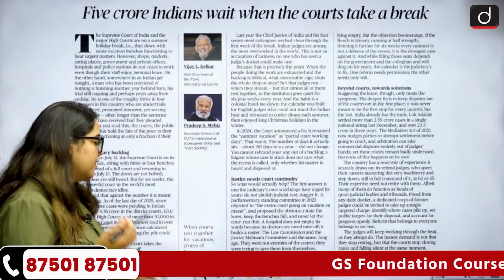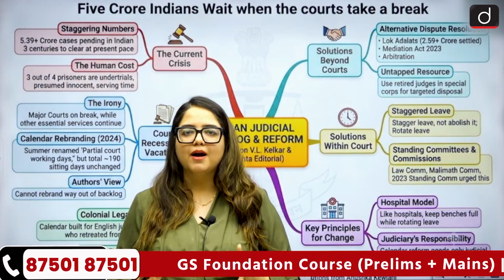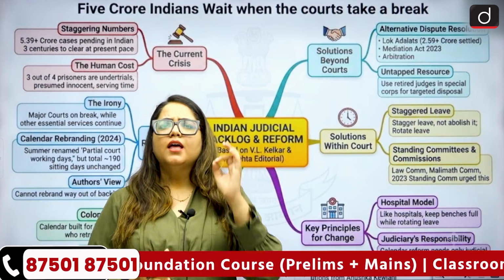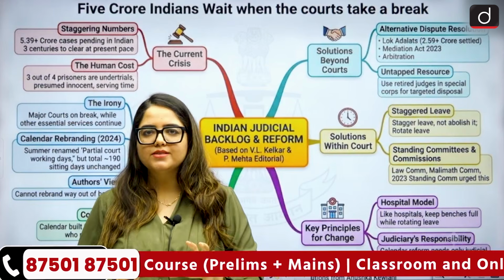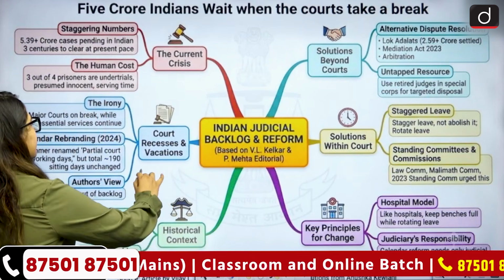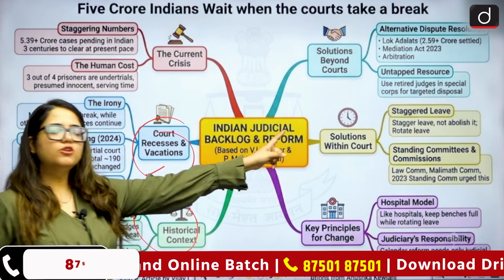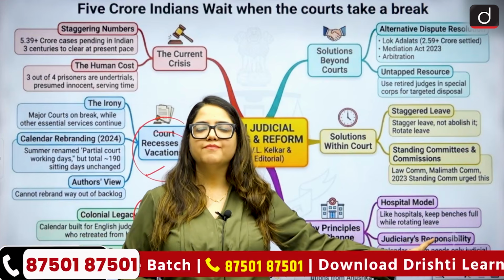Now it is consistently talking about various dimensions to it. So how did we cover this? This is how we try to understand through a mind map in a very easy manner how you can break down this editorial. You understand the what and why, then you understand who is affected by this, right? And then the solutions and the way forward, right?